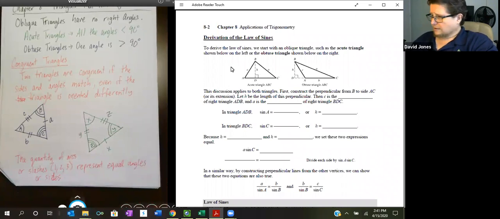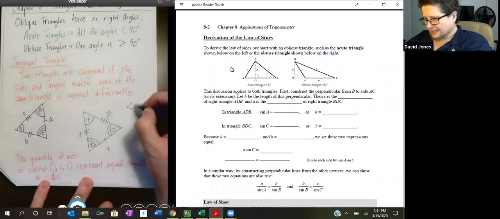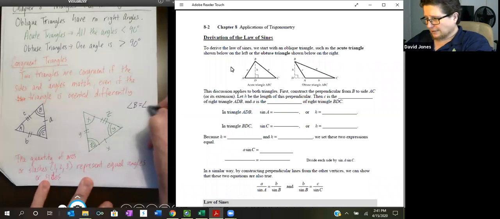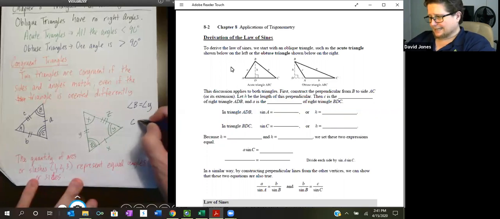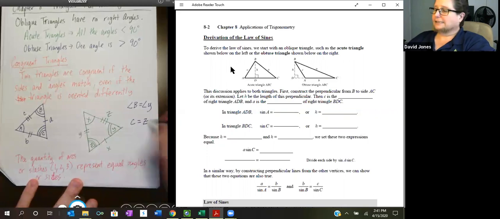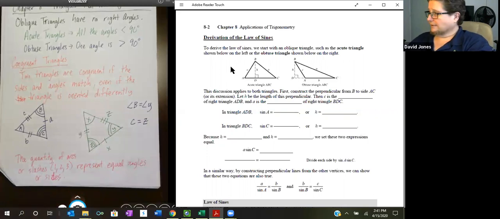What this last one means is, like, angle B is equal to angle Y, and side C is equal to side Z. They're the same length.